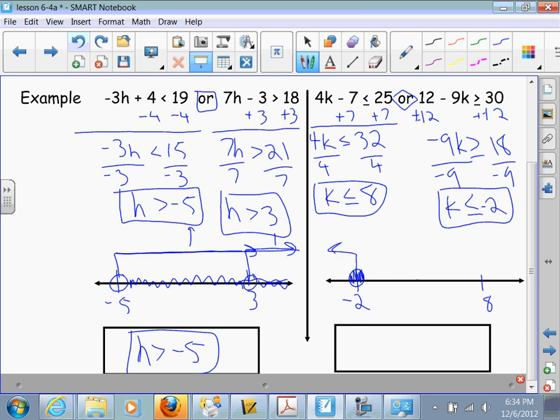And I have k is less than or equal to 8, so that is a closed circle as well, and again, lines to the left. So if I start shading, when I'm using the word or, if there's at least one line, I continue shading. Now I look at what I've shaded on my number line, and I've shaded everything that is less than or equal to 8. So my solution is k is less than or equal to 8.